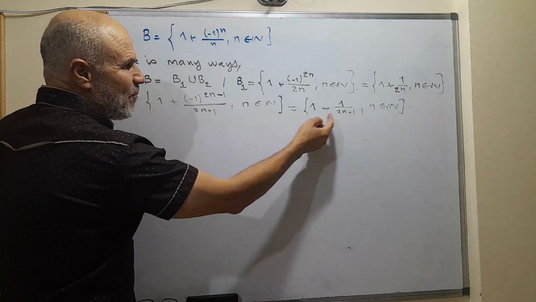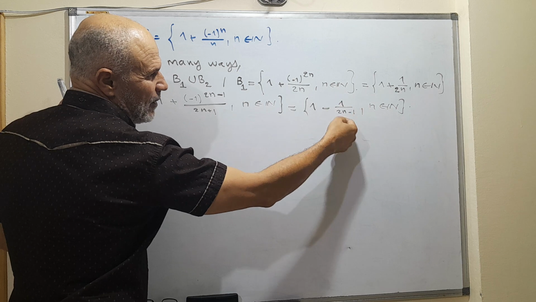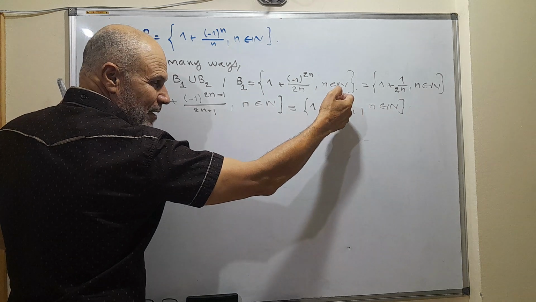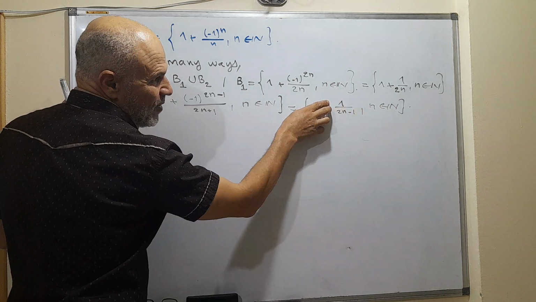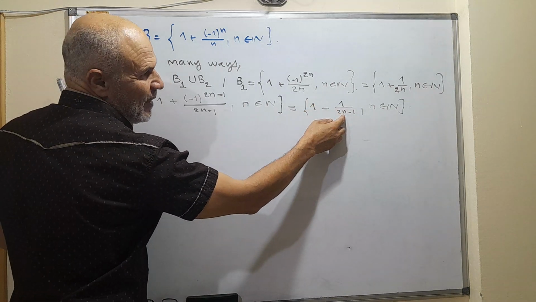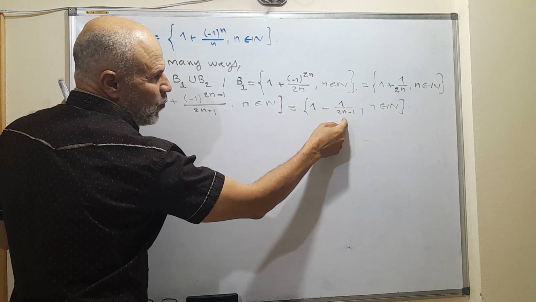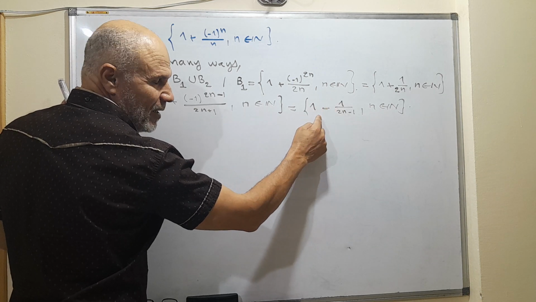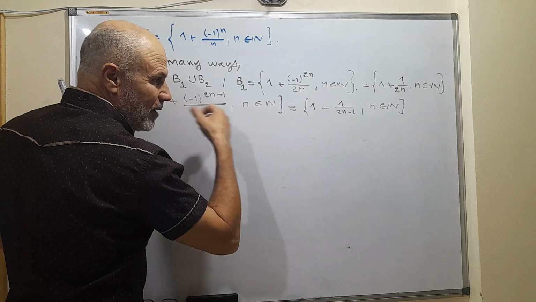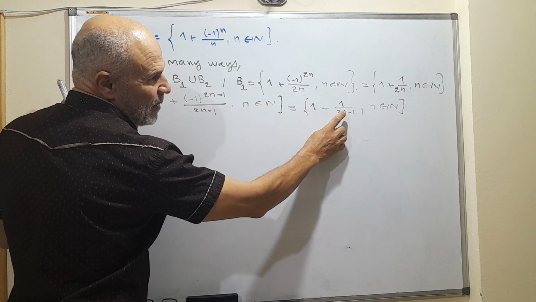For this one, the first term is for n equal to 1, so 1 minus 1 is equal to 0, and the limit is equal to 1.